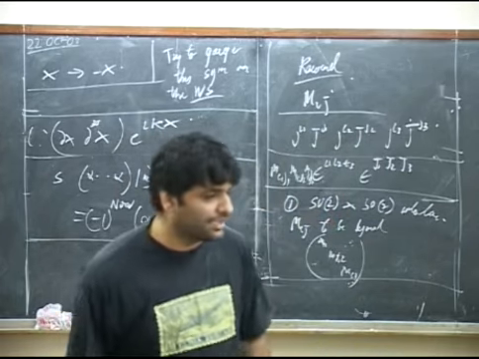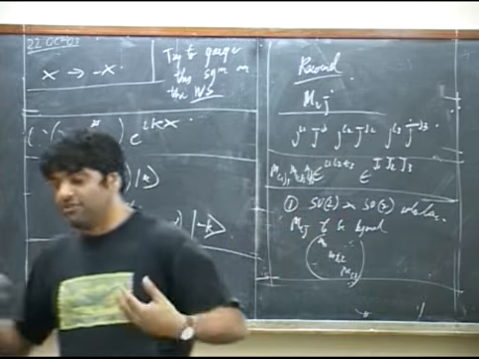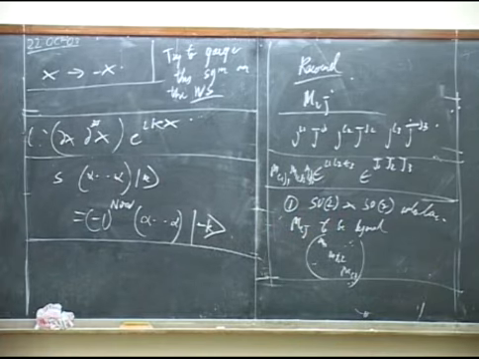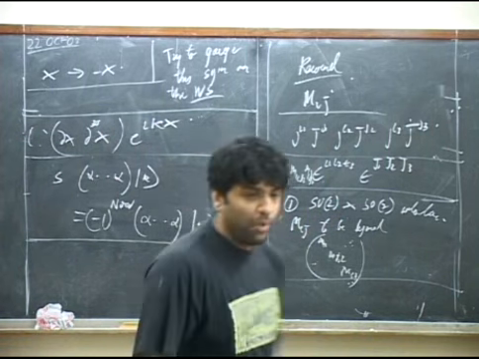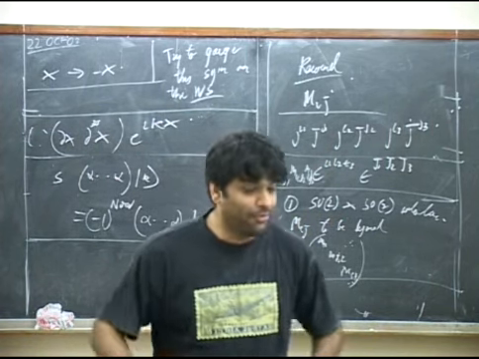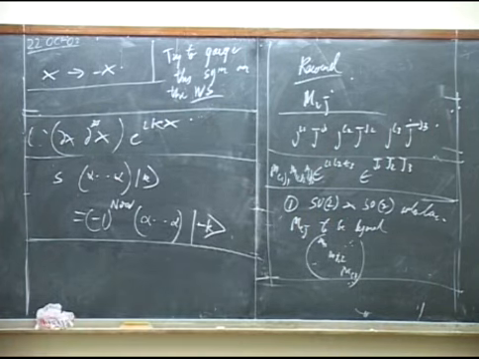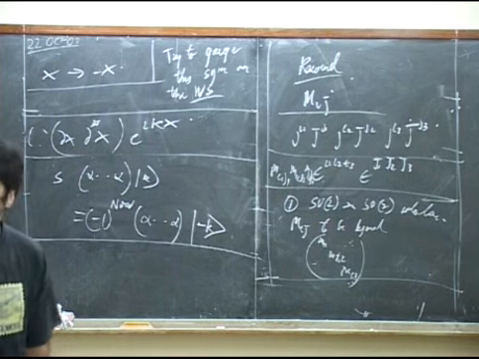Winding sectors are an example, in a more general orbifold theory, of what are called twisted sectors. And this particular orbifold, namely x goes to -x, gauging by that worldsheet symmetry, will have its own twisted sector. So the first thing we want to do is to study this twisted sector.